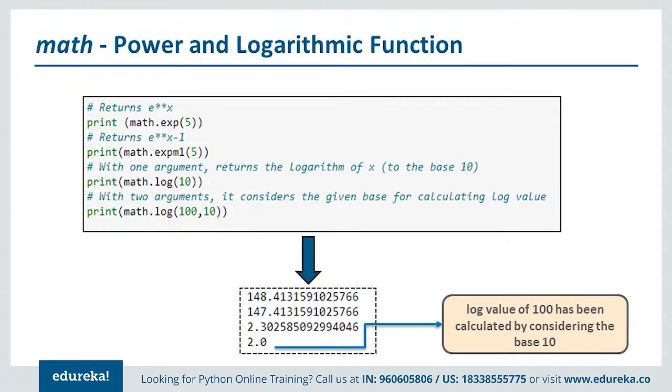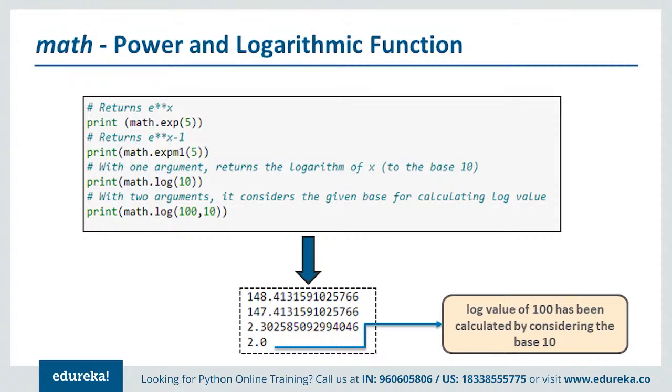If you want to get the logarithm value of x, then the log function is used, for example for 10. And if you want to use the logarithm with a particular base, you can give 100 comma 10, and it will consider base 10 for you and give you the calculation accordingly.